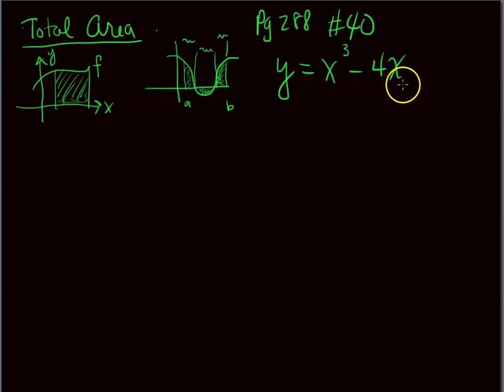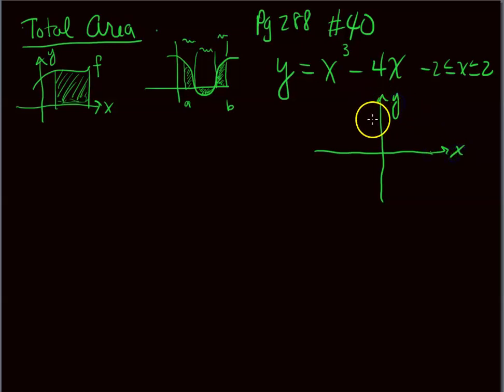And we want to do this for negative 2 is less than or equal to x, less than or equal to 2. So it's from negative 2 to 2. If you would graph this, the graph would look something like, let's see, this goes up to 4. No, I'm sorry, 3. And negative 3.